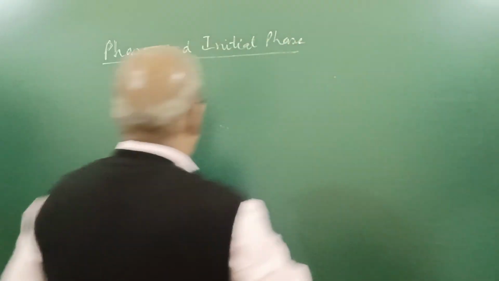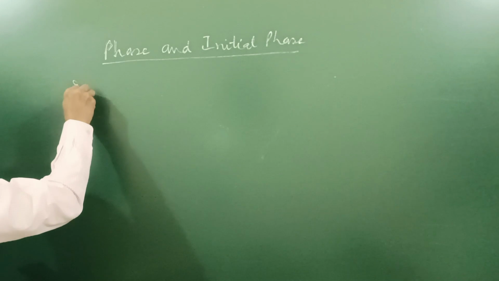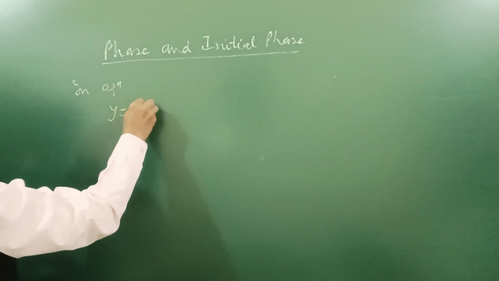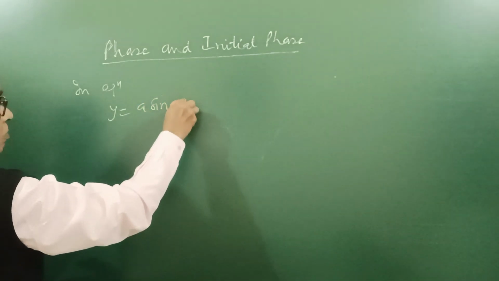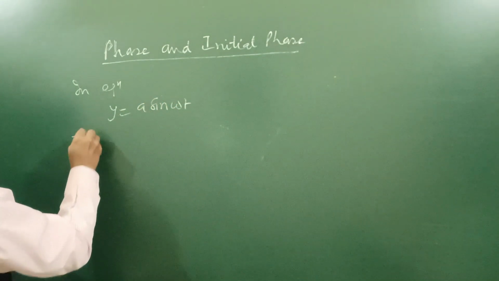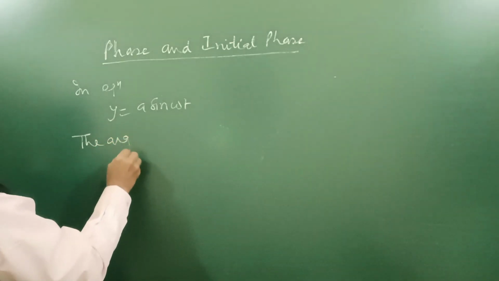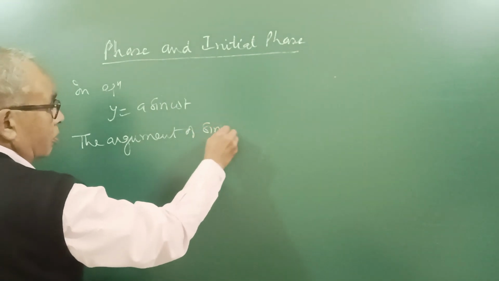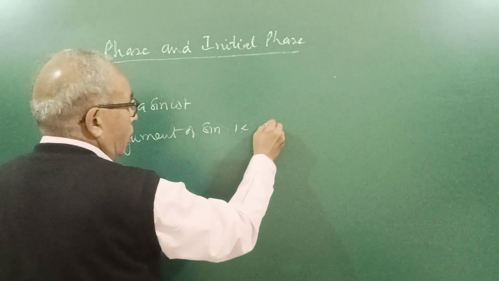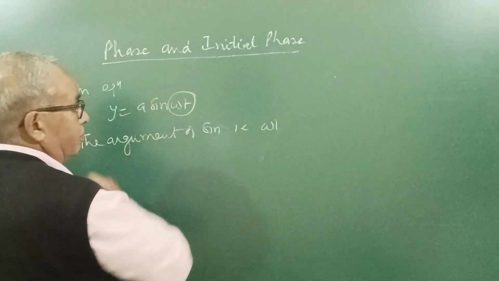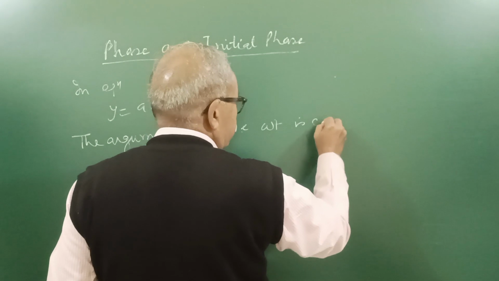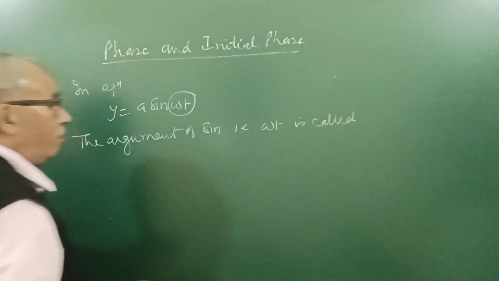So in the equation y equal to a sine omega t, the argument of sine, that is omega t, this is called the argument of sine, and it is called the phase of the wave.